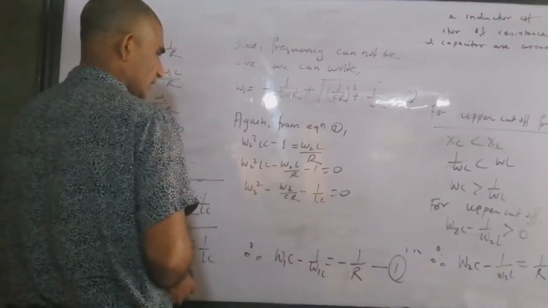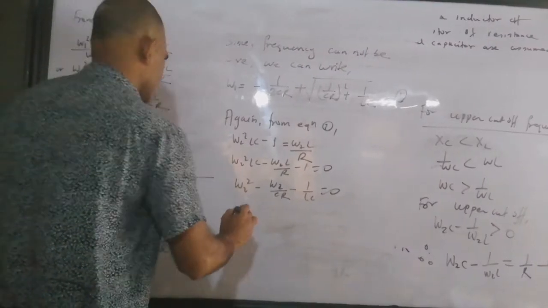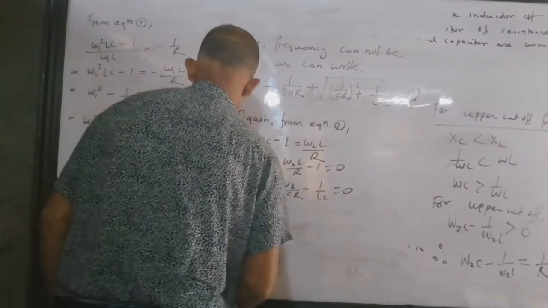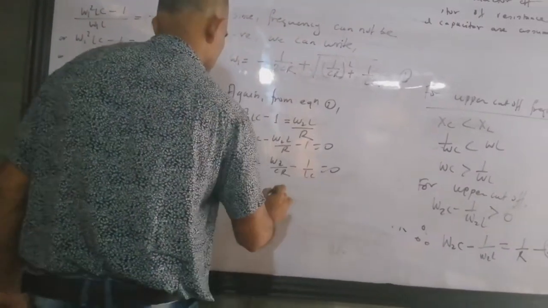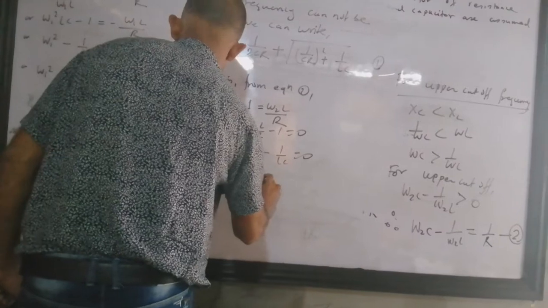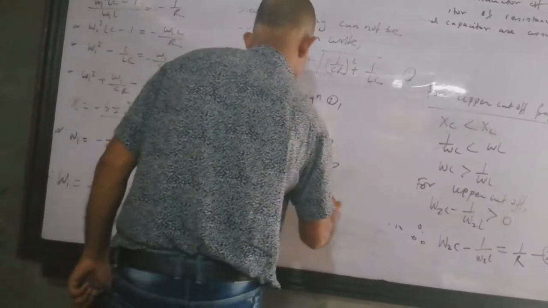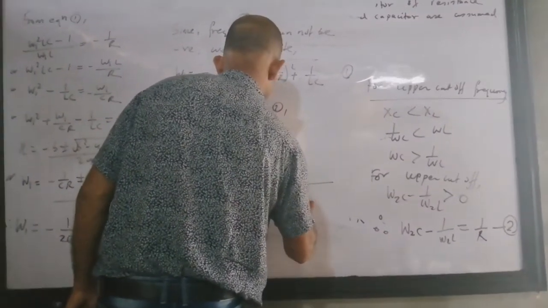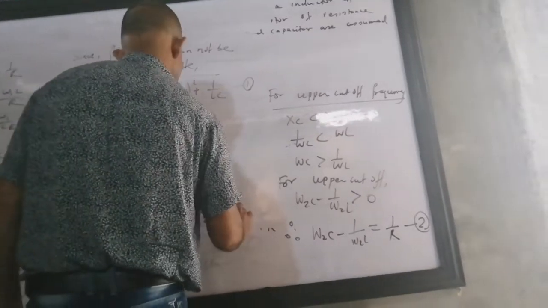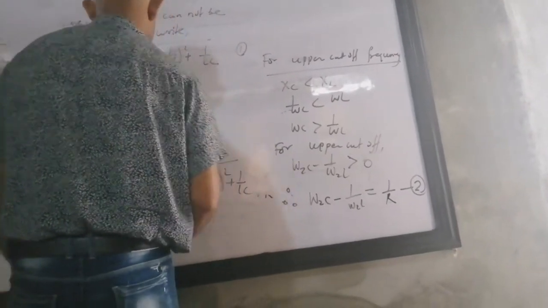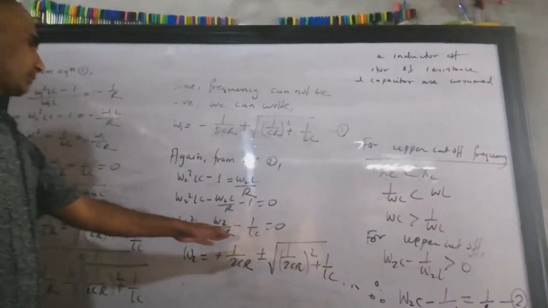And again we use the quadratic formula, and so for this we get omega 2 equals minus b, and so minus already is plus 1 by 2CR, and again plus minus root under, everything is same here, so (1 upon 2CR) whole square plus 1 upon LC. So again we can't take the minus sign, we will take the plus sign only.